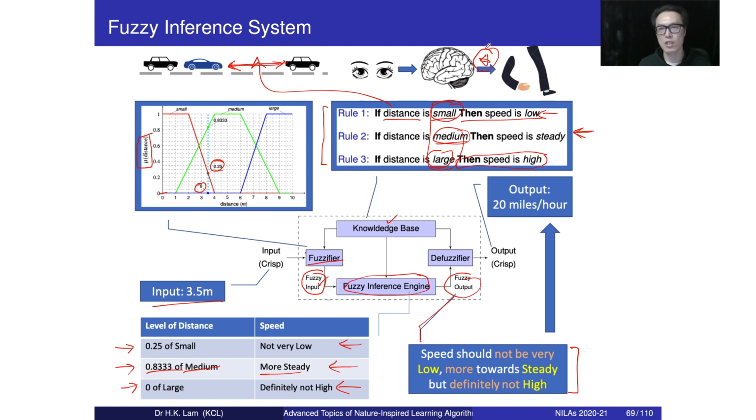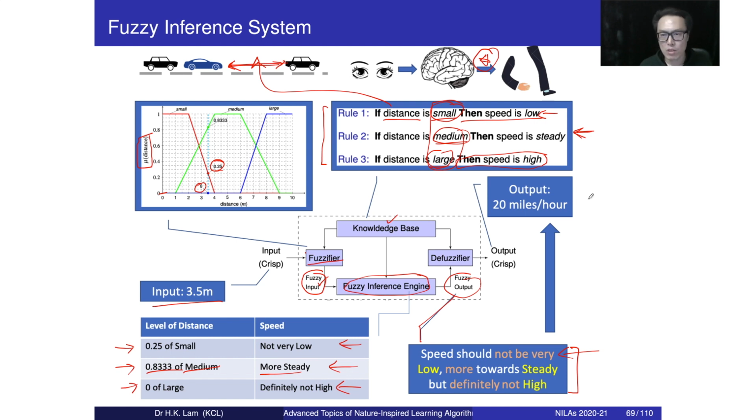I obtain this information, but this decision cannot be understood by the actuator, that is my hands and necks. So I have to translate this sentence into something that my limbs can understand. For example, if I'm talking about a robot, maybe I'm going to translate this information into the voltage level of a motor.